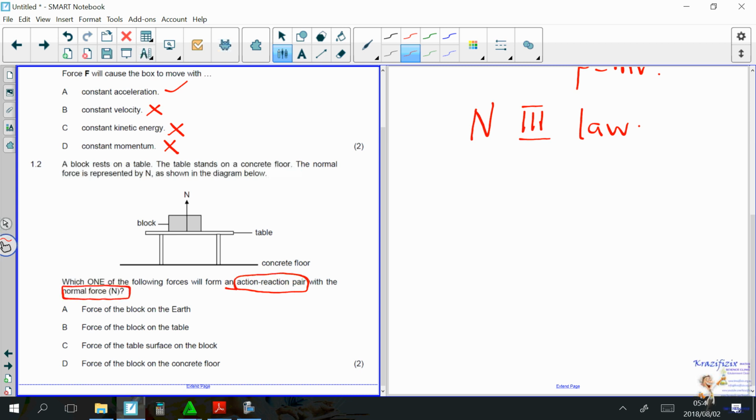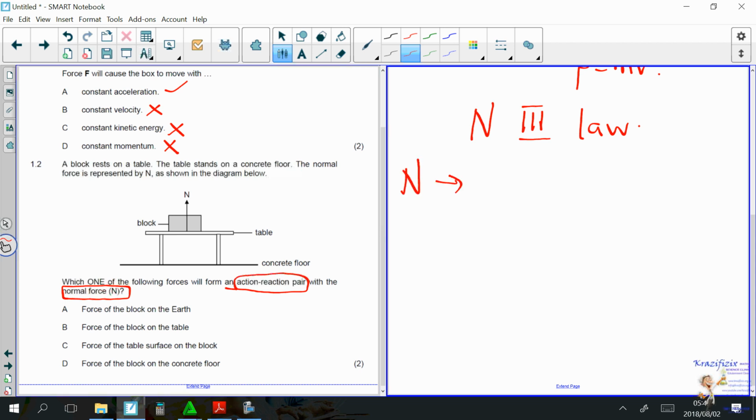What is the normal force? In this case, the normal force is the force exerted by the table on the block. Table on the block, normal force. The block will also exert a force on the table, which must be equal.